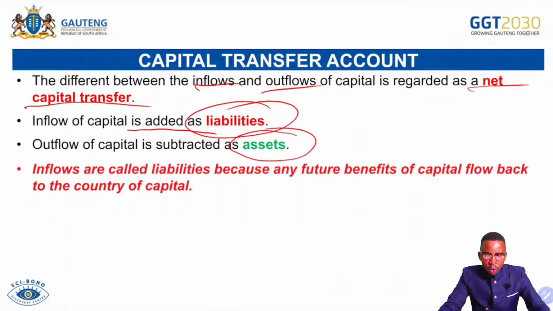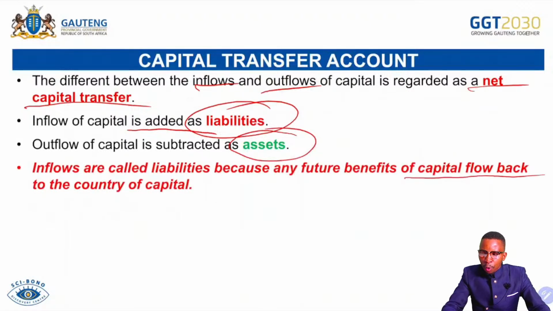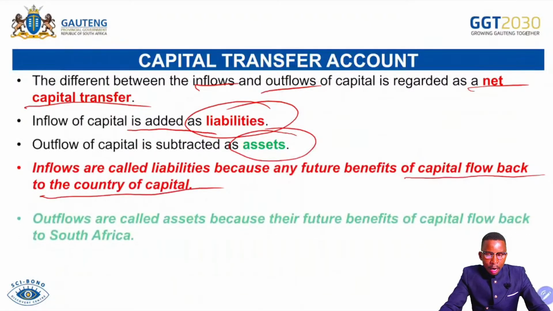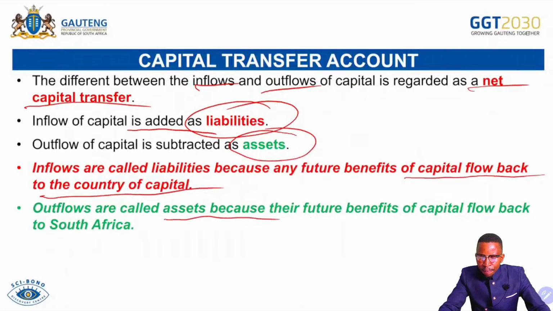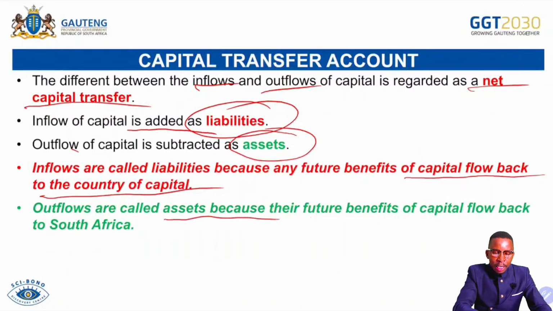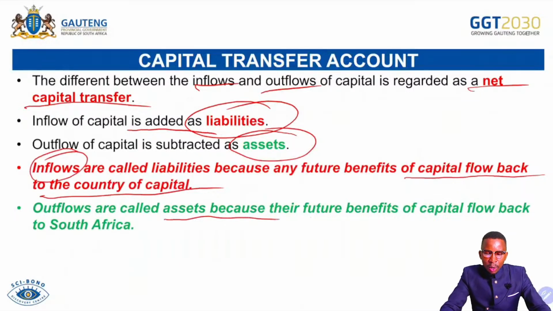And then inflows are called liabilities because any future benefits of capital flow back to the country of the capital, like I've just mentioned. Outflows are called assets because their future benefits of capital flow back to South Africa and will be enjoyed back in the country. That's why we call them assets, but we subtract them because money is going out. That's why we call the inflows liabilities, but we add them because money is flowing into the country.